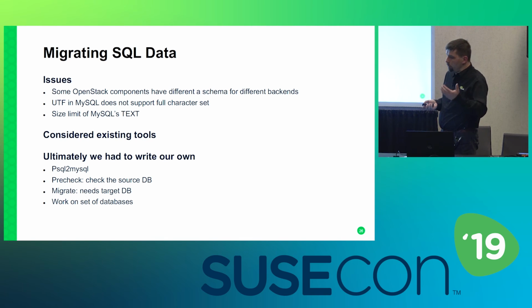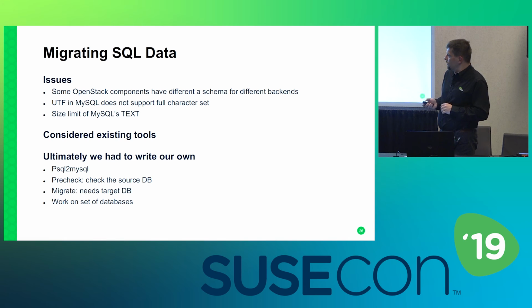So after you run the pre-check and it ends with no errors, you could do the migration. It basically takes all the tables of your original database and copies them to the new one. And that's it about database migration.